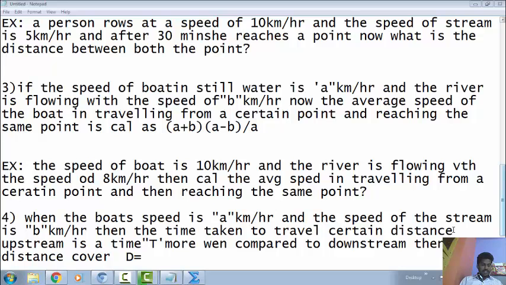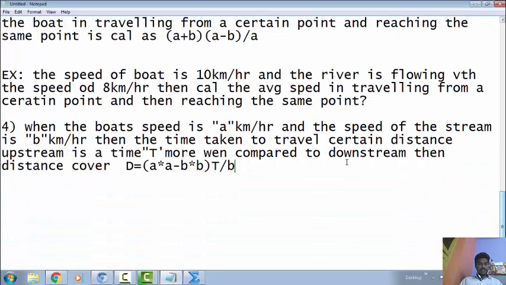So the distance traveled by the boat is equal to a squared, a into a minus b into b minus b into b, into the time taken by the speed of the stream.